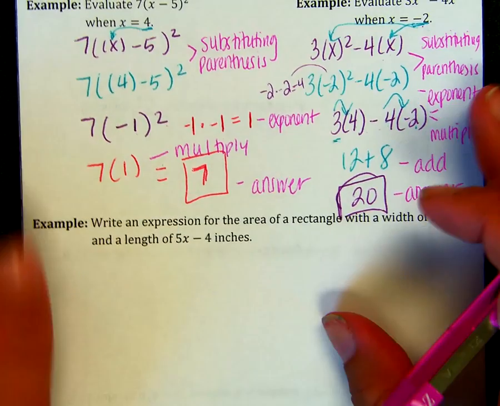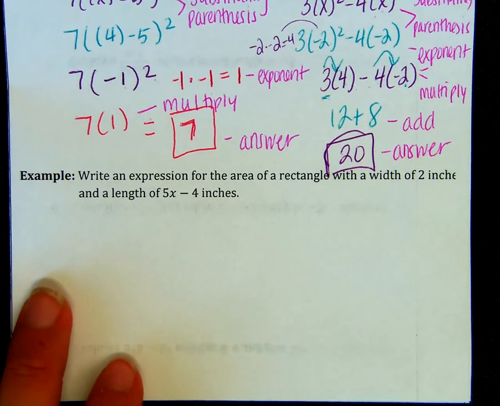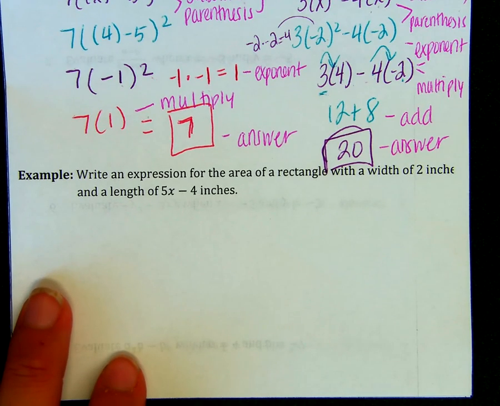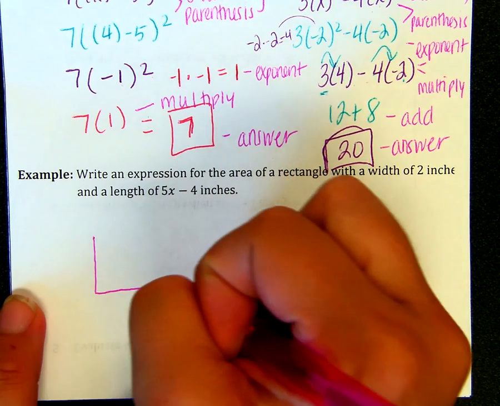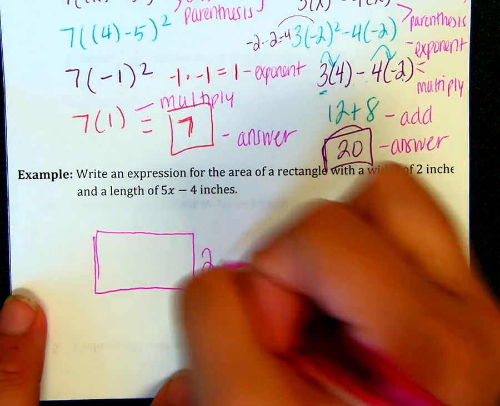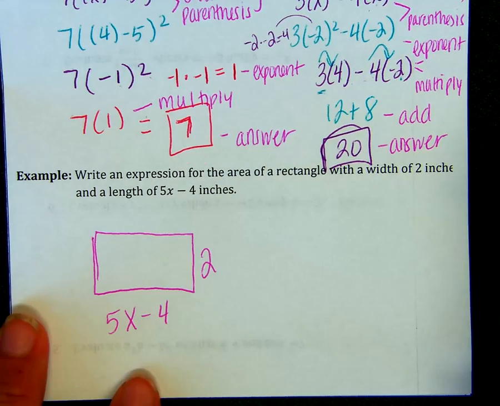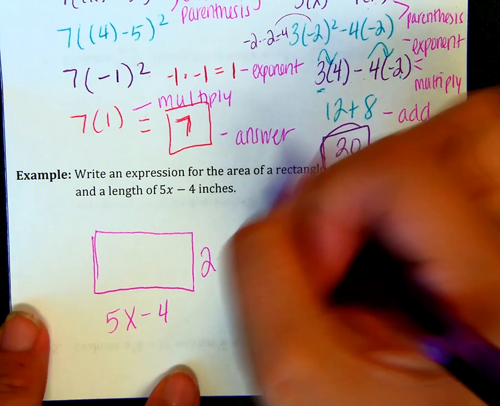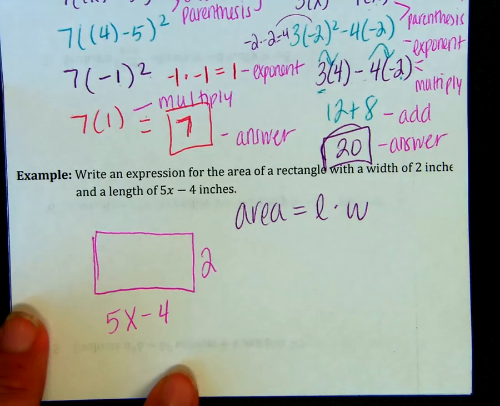The last example is just writing an expression. It says write an expression for the area of a rectangle with a width of 2 inches and a length of 5x minus 4. Again, every time you see a word problem, draw pictures if you have to. So you have a width of 2 inches and a length of 5x minus 4. Remember, area is length times width.